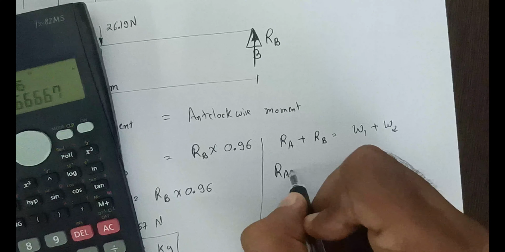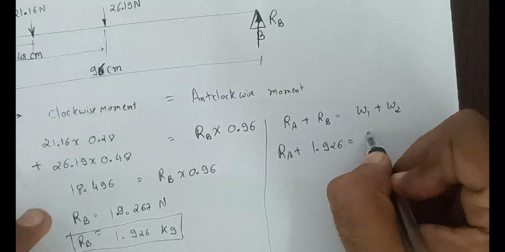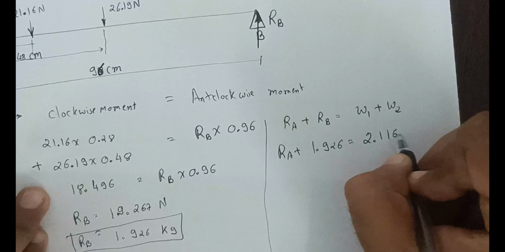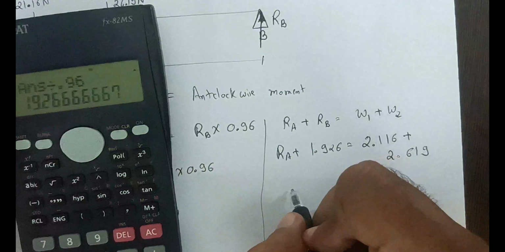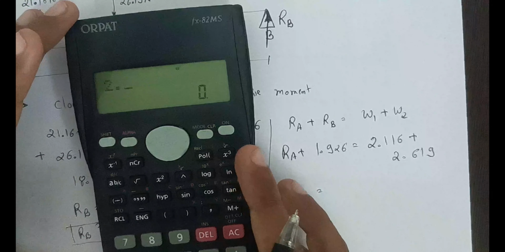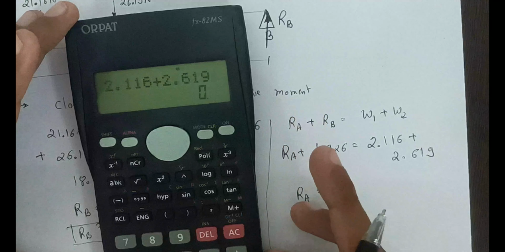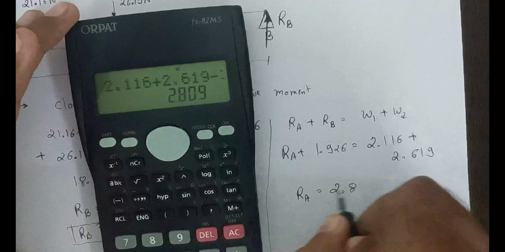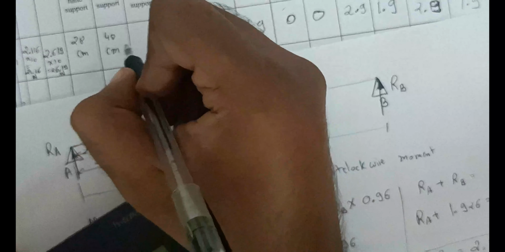So RA plus 1.926 equals 2.116 plus 2.619, and hence RA equals 2.116 plus 2.619 minus 1.926, which equals 2.8.